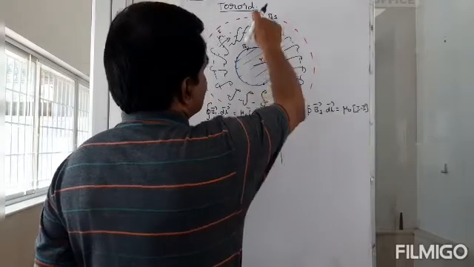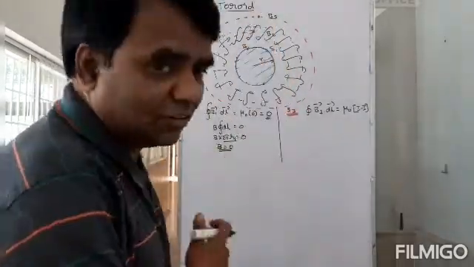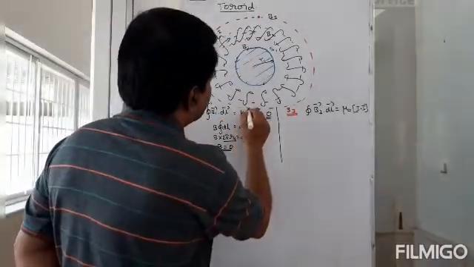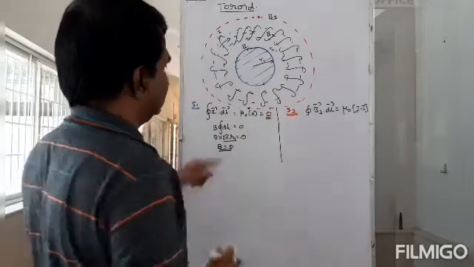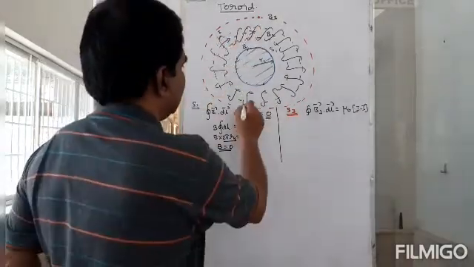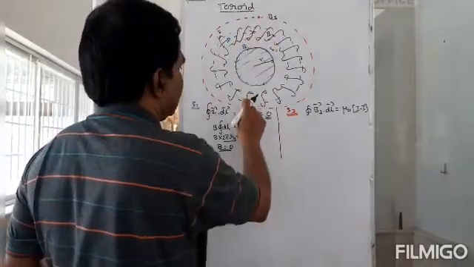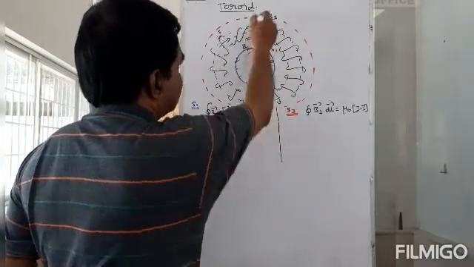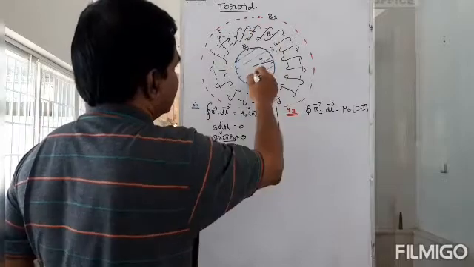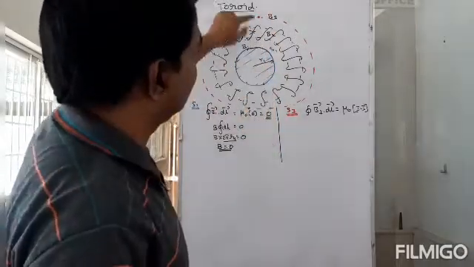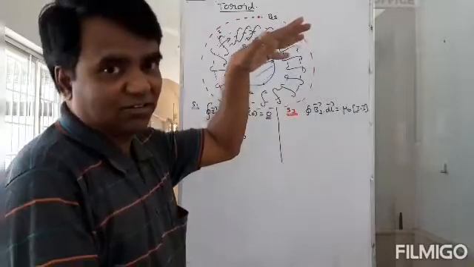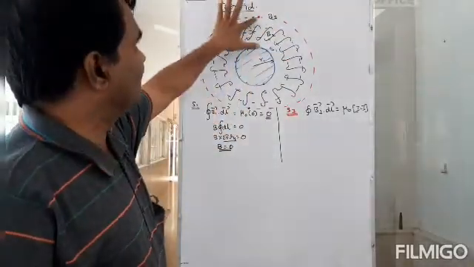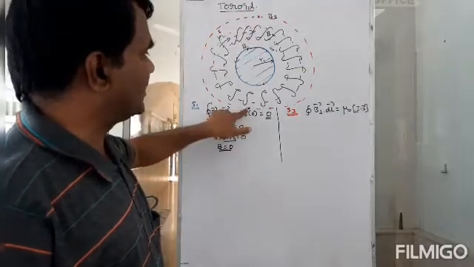All these will contribute something, if at all they contribute there, and that would not be any different from B at this point, because this will do the job of this, and this will do the job of this, right? Anyway, this point and this point are symmetrical. So if at all it has some B3, this will also have the same B3.